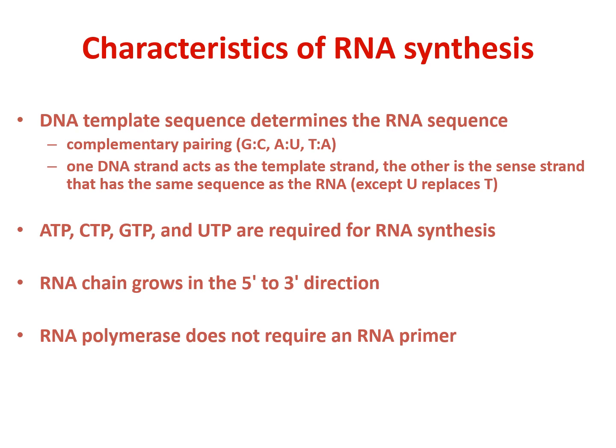The RNA chain grows in the 5' to 3' direction, just like DNA synthesis. The only difference is that RNA polymerase does not require an RNA primer. Remember that in DNA replication, DNA synthesis always requires an RNA primer to provide the hydroxyl group to initiate the synthesis. But RNA polymerase does not require the RNA primer.